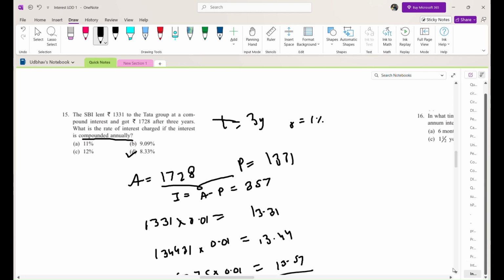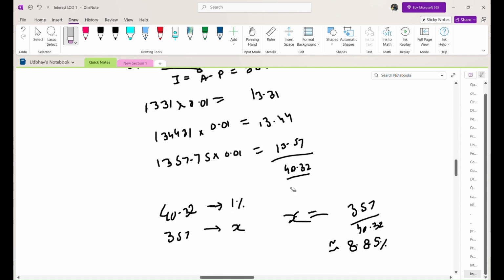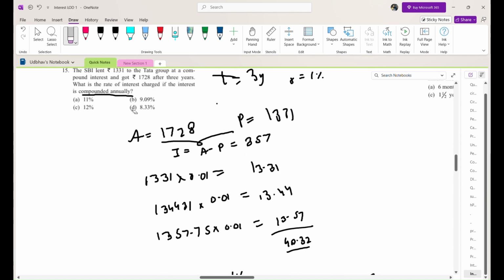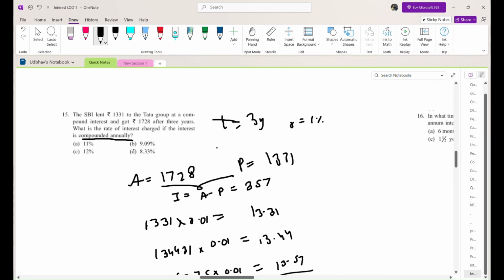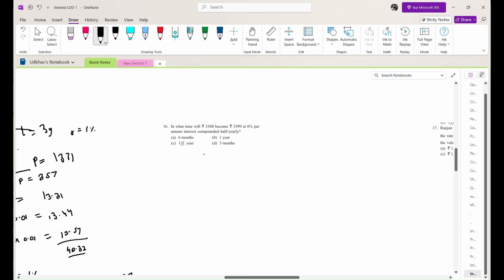So we can assume it to be 8.33. No, it is 8.85. It is close to 9.09. 8.85 is close to option number B. So option number B will be the answer. Next question.